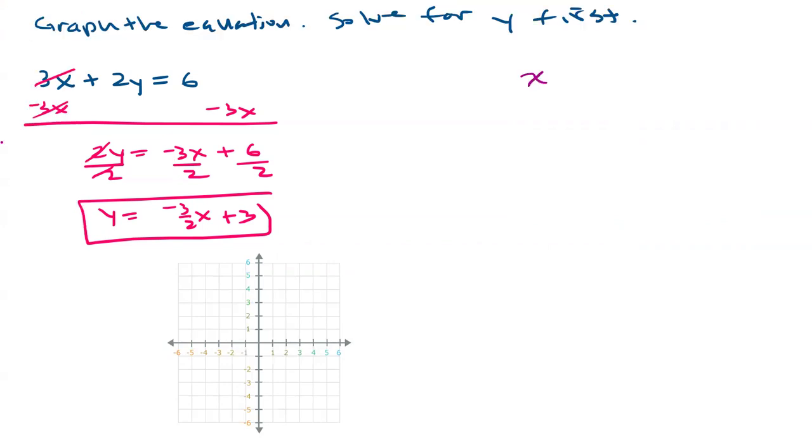So we have X and then our Y table. Again, we have a fraction. And what do we know about this fraction? It's divisible by 2. So what numbers are good to pick here?